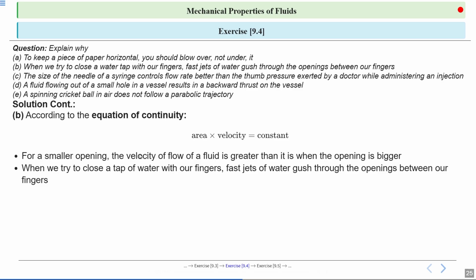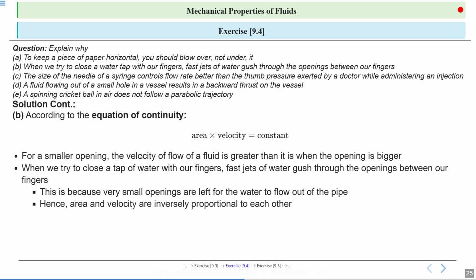These small openings force the water to move faster as it exits, creating those fast jets. This is because very small openings are left for the water to flow out of the pipe. Hence, area and velocity are inversely proportional to each other.